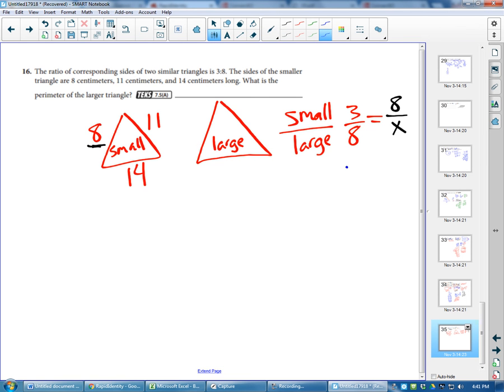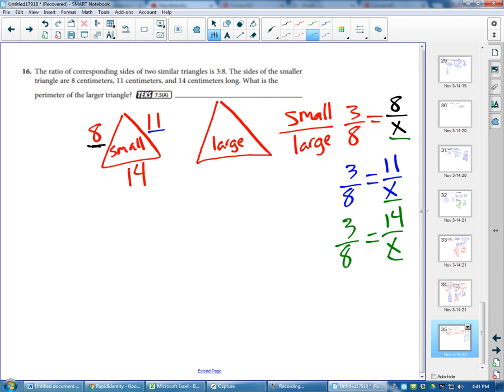So it'd be 3 over 8 equals x, and then we'd have to pick a second side from here, 11 over x, and then do it a third time, 14 over x. We have to multiply all those, and then at the end, since it's one perimeter, we'd have to add these 3 missing numbers together.